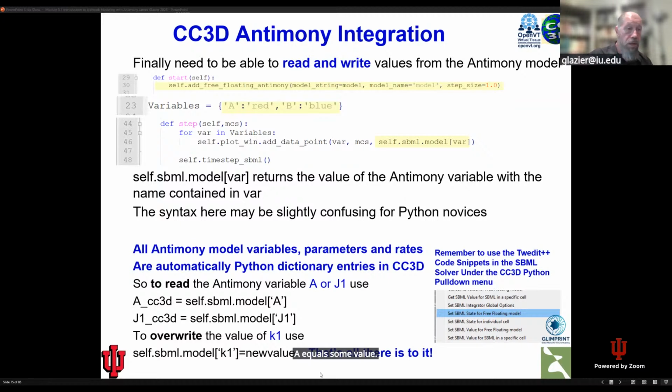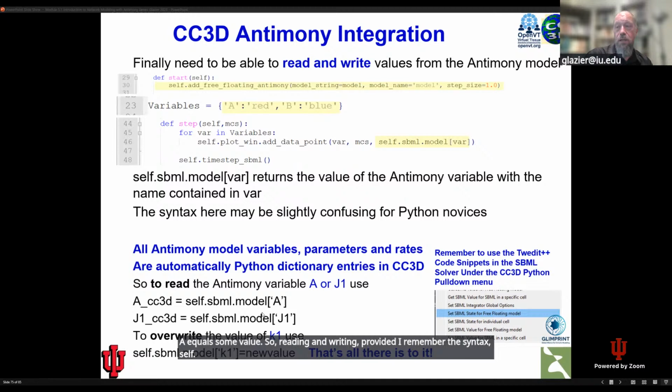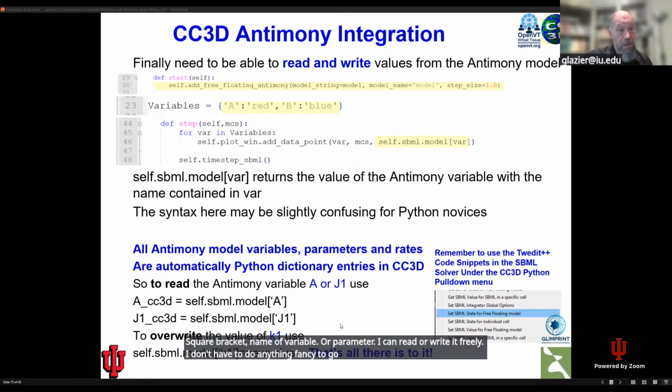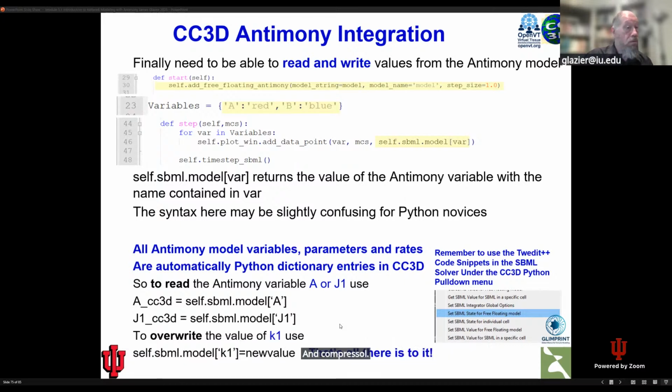So reading and writing, provided I remember the syntax, self.sbml.model, square bracket, name of variable or parameter, I can read or write it freely. I don't have to do anything fancy to go back and forth between Antimony and CompuCell, or for that matter, from SBML or CellML. Now, J1, which is a named rate law, I can read that, but I can't write to it. I'm not allowed to write to it.